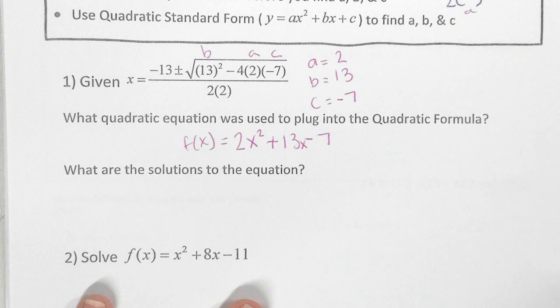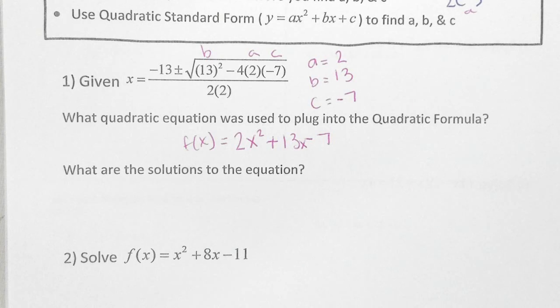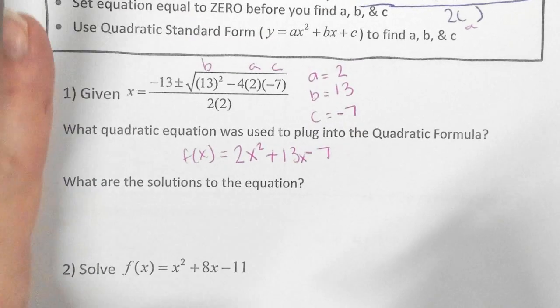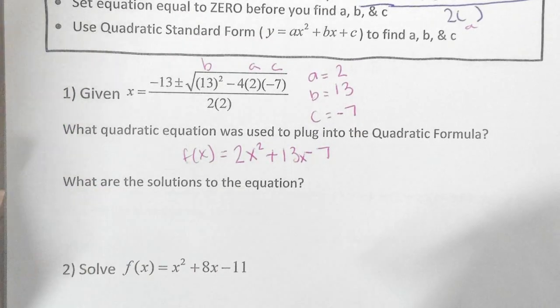Any questions with that? Okay, and then it says, what are your solutions? So this is another thing that I want you to understand. Okay, purple. You're going to simplify this 3 pieces at a time. So you're going to do the 3 pieces before you break it down.